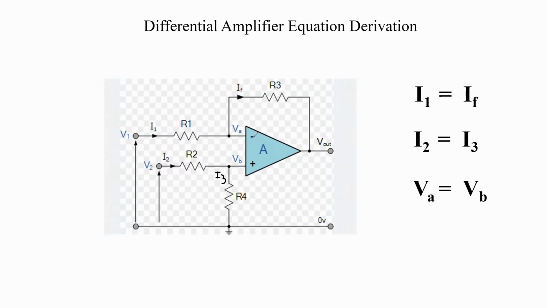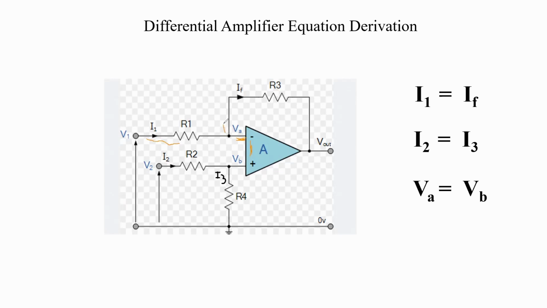As we know, the input impedance is very high in the operational amplifier, so there is no current flow into the op-amp because there is a high input impedance between the two terminals.